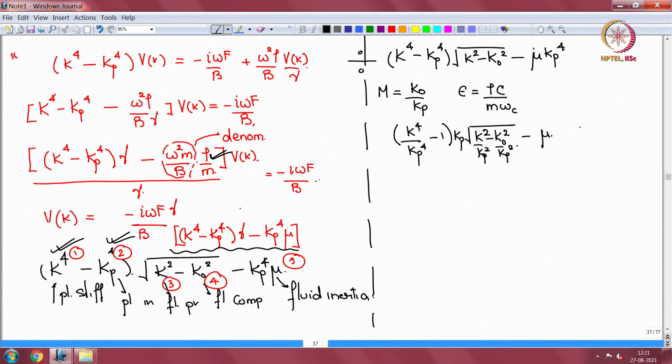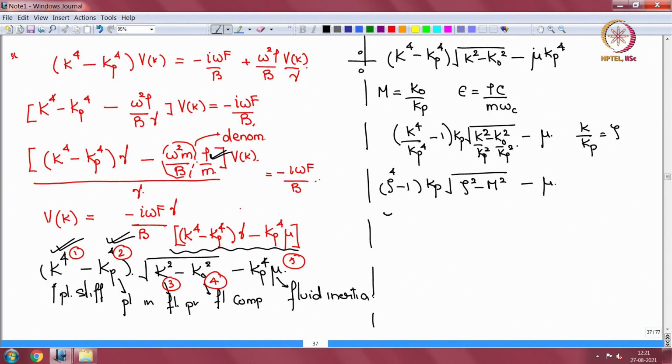first of all, k by kp is my non-dimensionalized wave number. I will call it zeta. So I get zeta to the power fourth minus 1, then kp square root of zeta square minus k0 by kp, which is my m, square, minus mu.